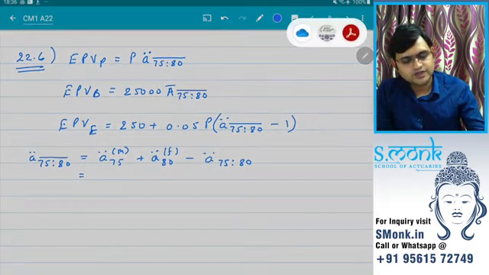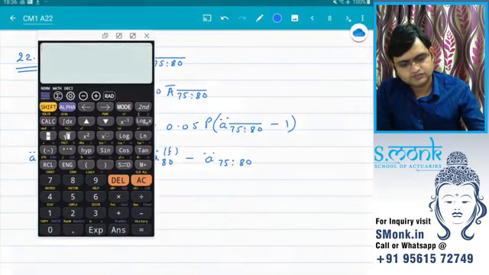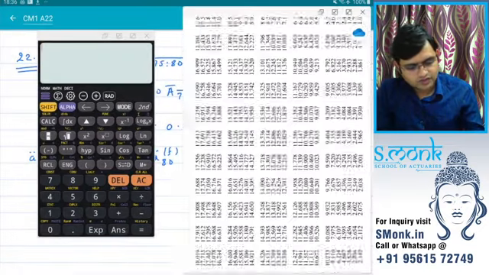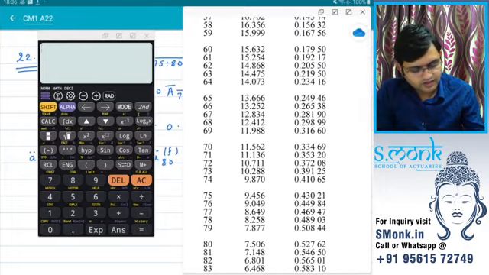Let's look up these values. A due 75 for male is 9.456.